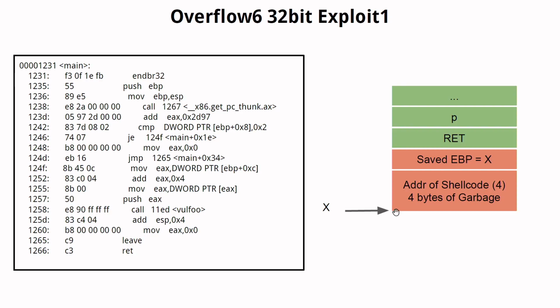And the EBP will point to what? For any function, its EBP points to the saved EBP. For the main function, the same thing. The main function will think, I have a saved EBP at this address. And what is that saved EBP? That is basically the stack frame of whoever called the main function.